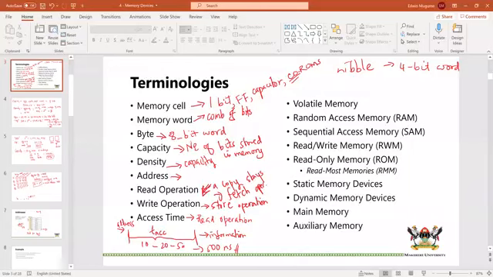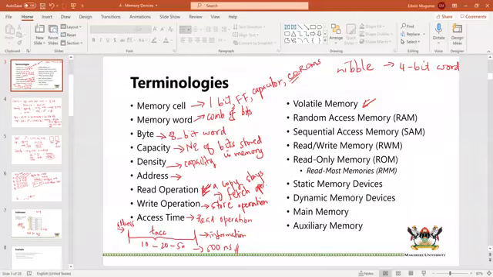These are values for main memory, the semiconductor memory where you keep the instructions. Actually, the main memory is also called working memory. Auxiliary memory, as we said earlier, is slow and it can be much slower than 500 nanoseconds.